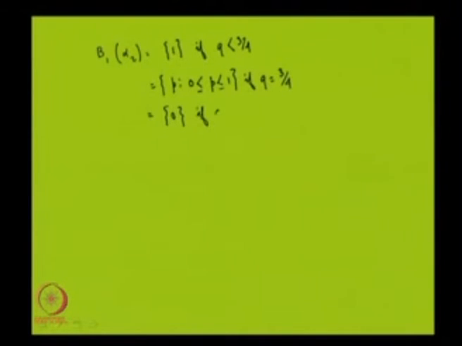If q is greater than 3/4, p is equal to 0. So, let us draw the diagram, draw the best response function.